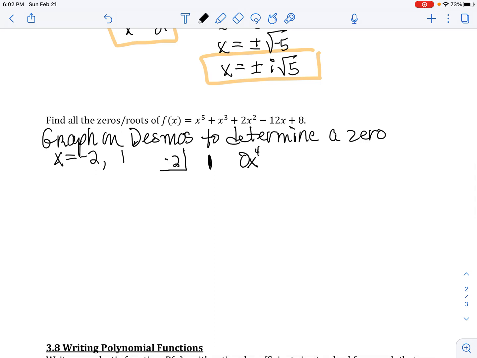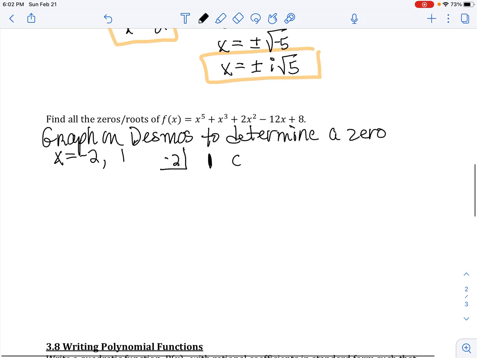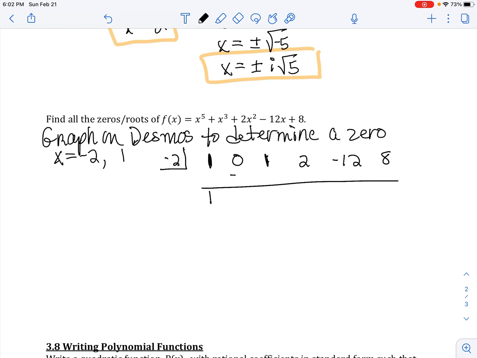So 0x to the 4th, or actually you could just put 0. It might look confusing if you put 0 and x in there. 1, 2, -12, and 8. Draw your line. 1, -2, -2, 4, 5, -10, -8, 16, 4, -8, 0.